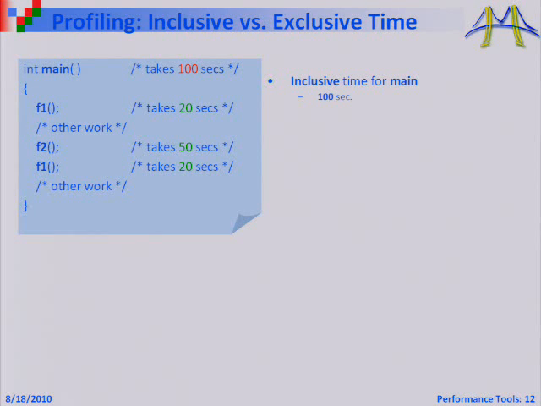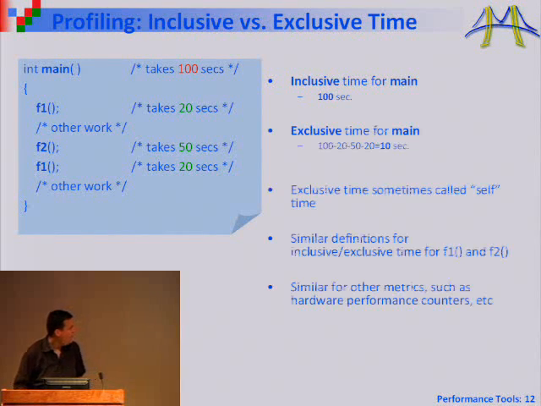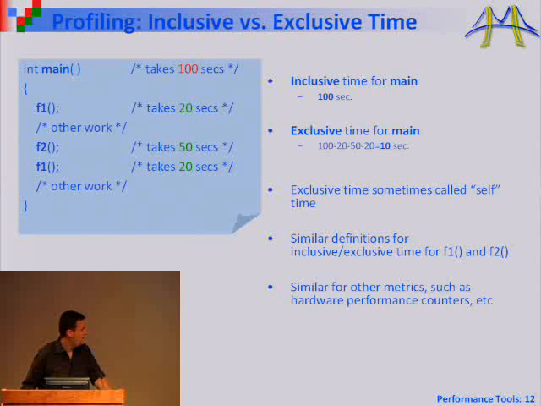Then the inclusive time for main is 100 seconds, which just means it includes everything that main does on its behalf and all the child routines. The exclusive time for main is defined to be just the time that main spends for its own computations, excluding any calls to subroutines. The exclusive time is also sometimes called self-time in some tools. And you can have similar definitions not just for time, but also when you, for example, analyze hardware performance counters.